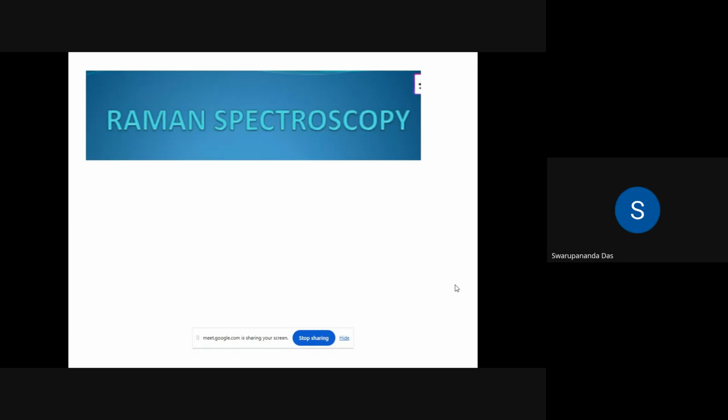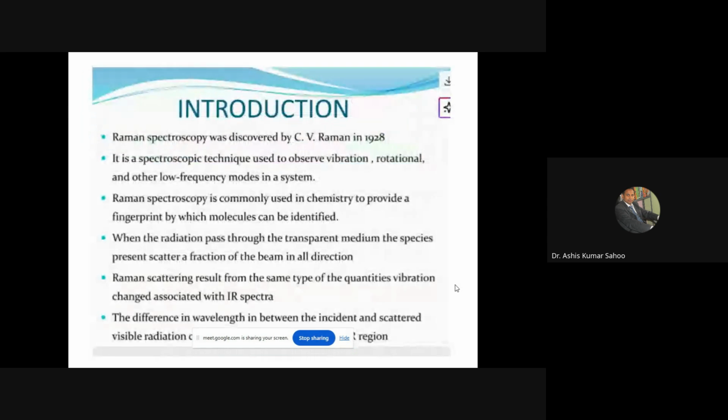Yes, sir. Okay. So today we'll discuss Raman spectroscopy, another spectroscopic technique used in different chemical analysis. Raman spectroscopy was discovered by the famous Indian scientist C.V. Raman in 1928.